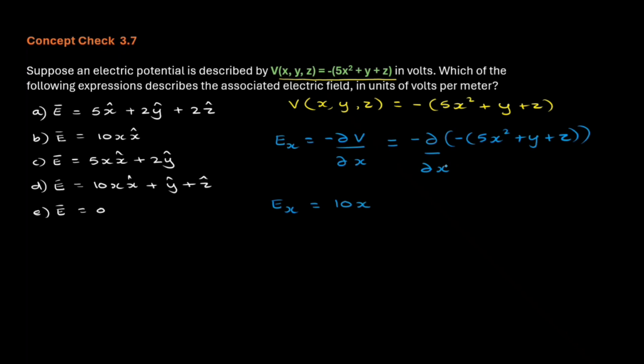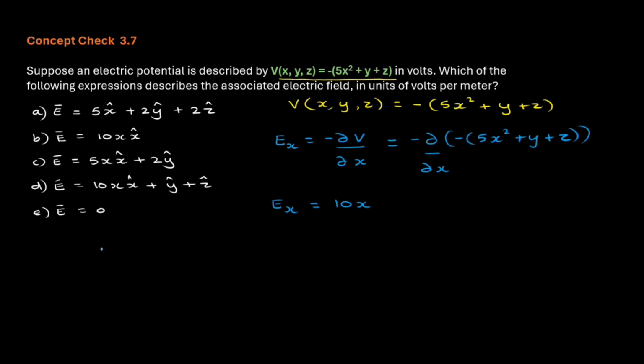Now when you're taking the derivative with respect to x, any term which is not x is considered to be a constant. So here y and z will be treated as constants, and since they don't have any term with x, the derivative of such a constant is equal to 0. So Ex will just be equal to 10x.